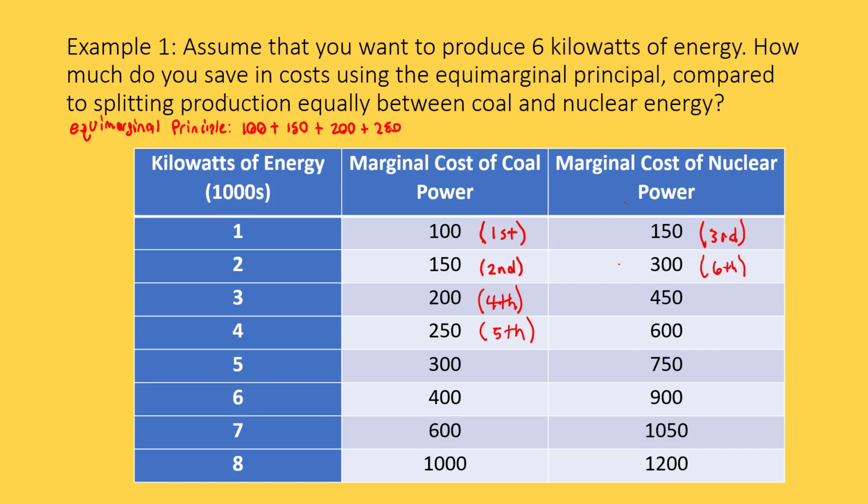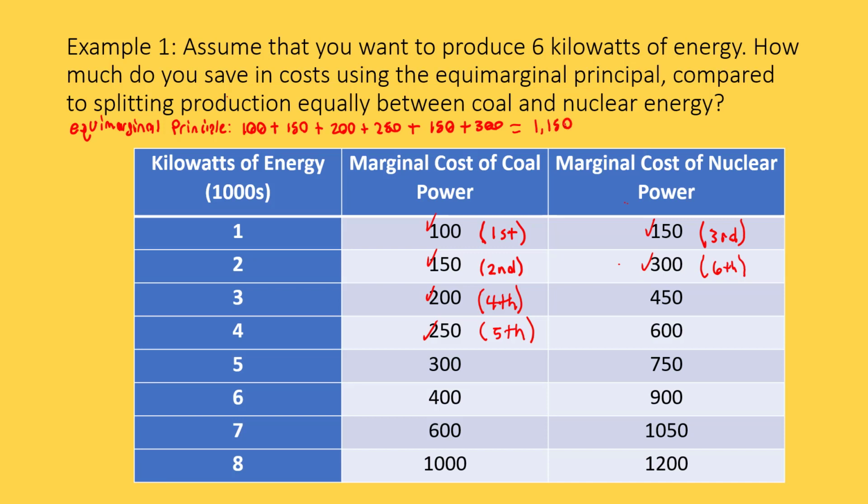Again, I'm just adding up the total cost from coal by using those four sources of coal that we talked about. And then we add into that the cost of the two sources from nuclear. So that's going to be 150 and 300. So again, where these numbers come from is I'm just using all these sources here that we agreed to use in this equal marginal principle. If you add up those numbers, then you should get 1,150 as the total amount from the equal marginal principle.